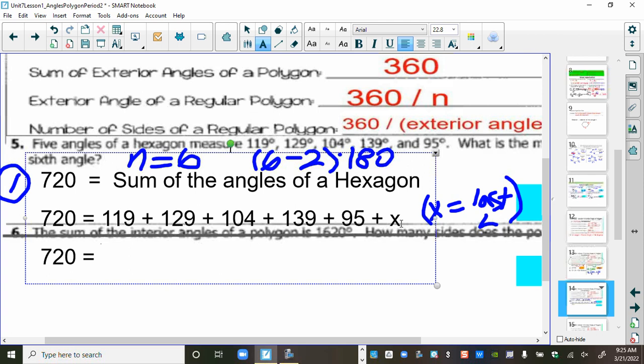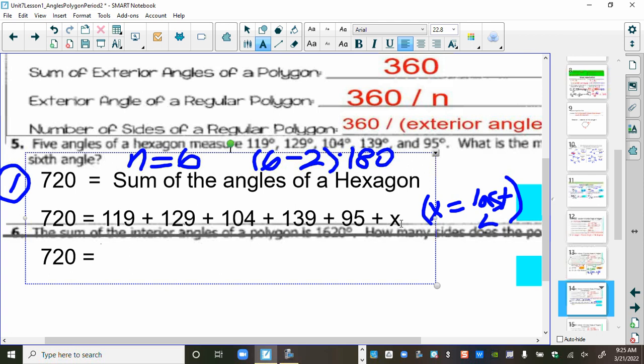Who added those 5 numbers up? What do we get? We have calculators. I don't know why. I don't see or hear enough typing. So, what do we get?